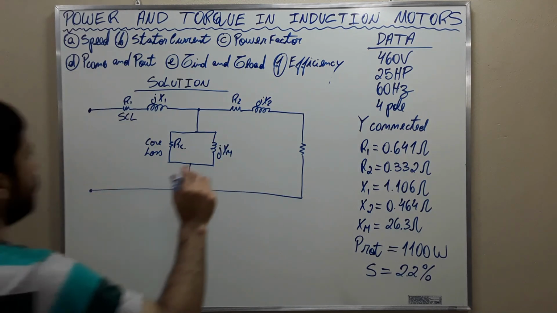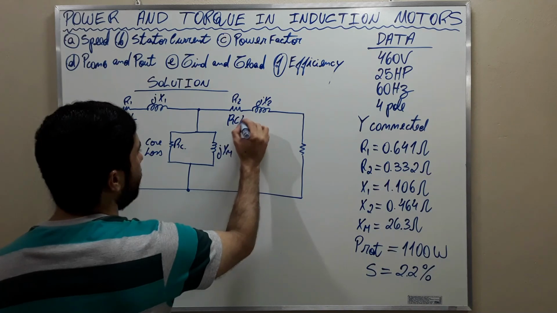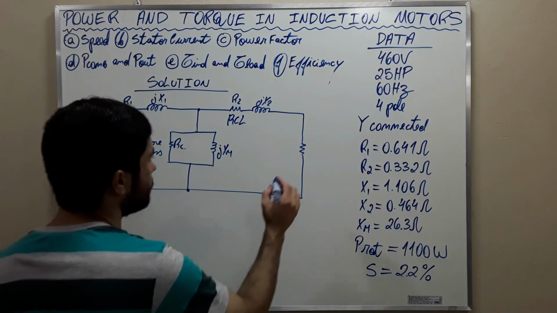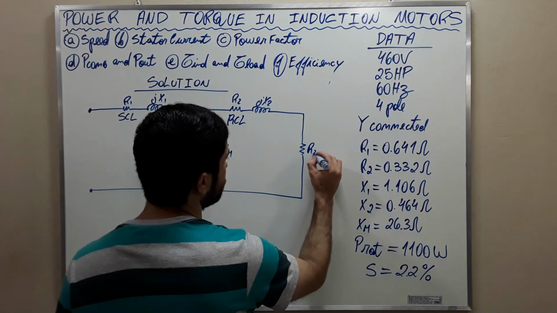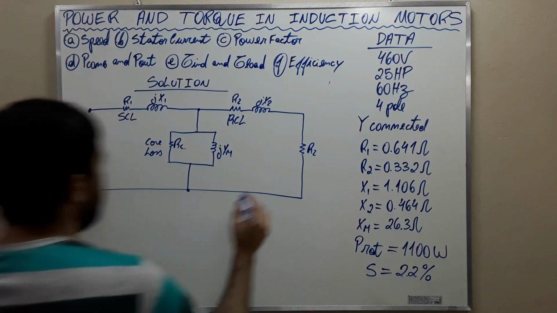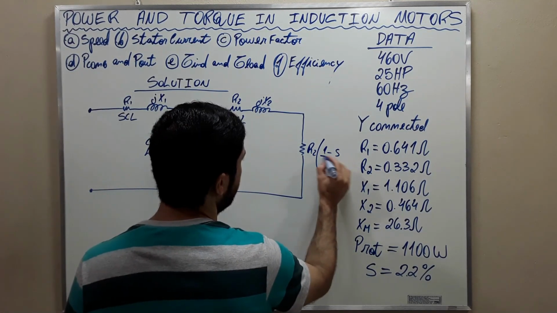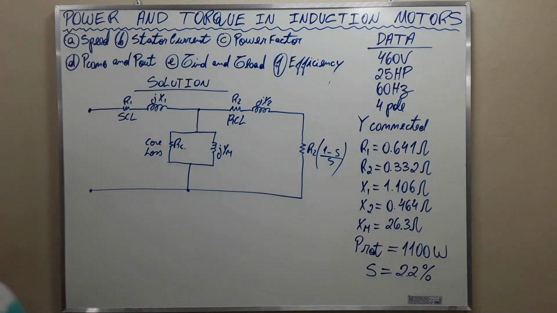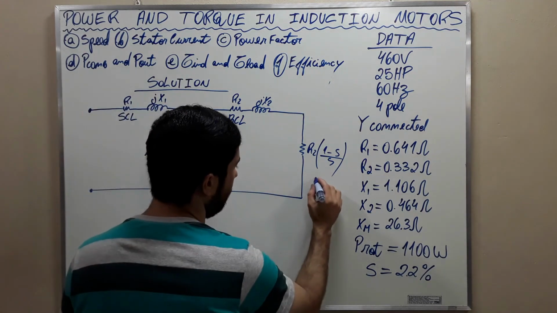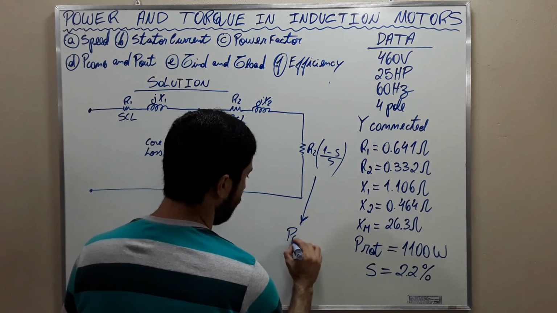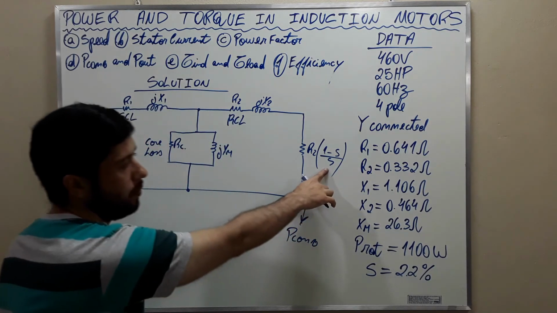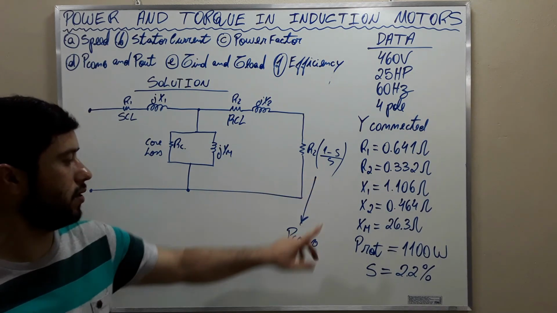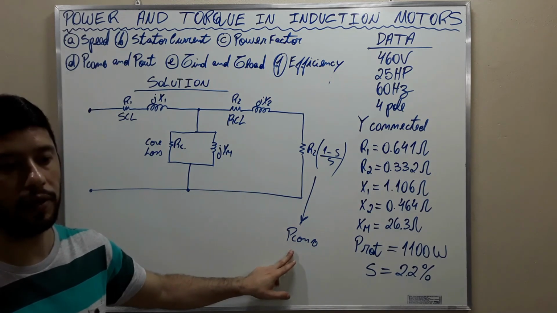From R2 we calculated the rotor copper losses, and here is R2 times (1 minus S) divided by S, and from this resistor here we calculated the power converted from electrical to mechanical, Pconv.